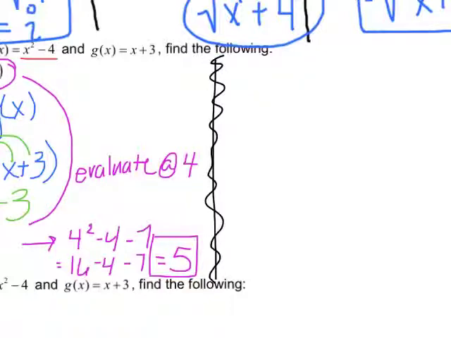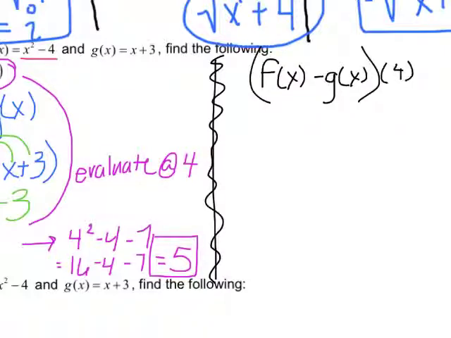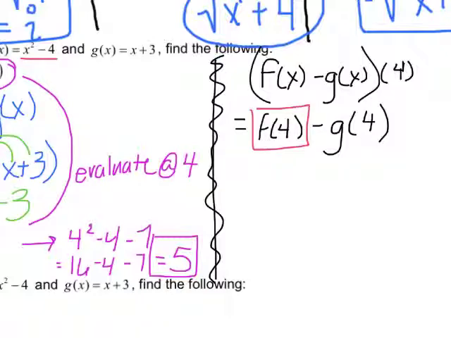Okay, so the alternate method is to say, well, f of x minus g of x evaluated at 4 is the same thing as f of 4 minus g of 4. I guess I should have used my colors at this point, so I'll start that now. So first I'll do f of 4 in red.